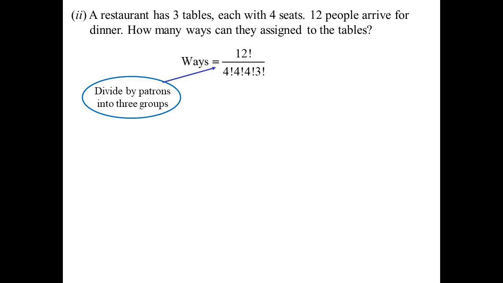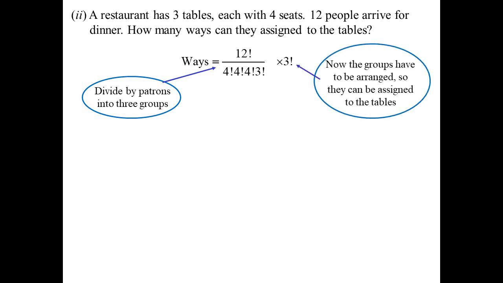So now the arrangement becomes important, because let's say these are the 3 tables that you're going to sit at for dinner. Putting this group on this table is different to putting them on this table, is different to putting them on this table. So now I have to multiply by 3 factorial, the number of ways the tables, if you like, could be arranged. But hang on, all that really means is we cancel out the 3 factorials.